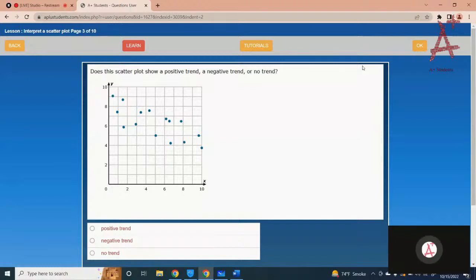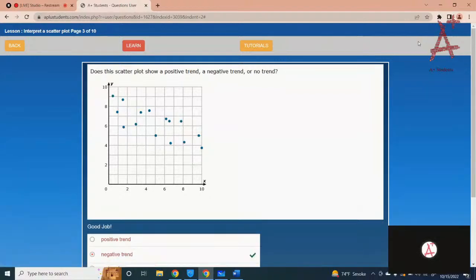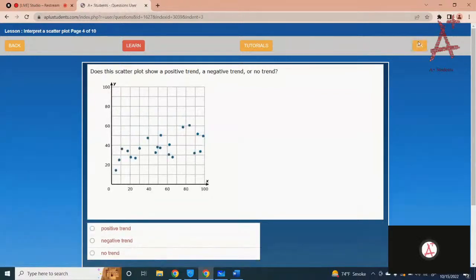Look at here, the y values are at maximum when x is just below 1. The y value is 9, but when x is 10, the y value is less than 4. Got it? That means it shows a negative trend. Change in x causes a decrease in y, so it would be a negative trend. Got it? Yes, very good in class. It is negative. Okay.